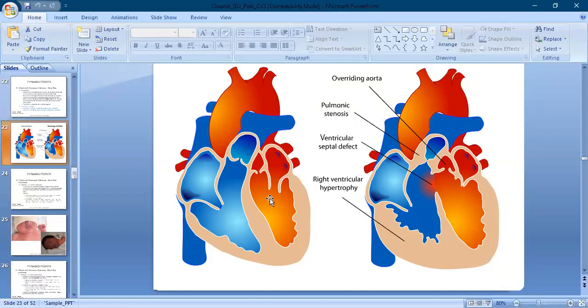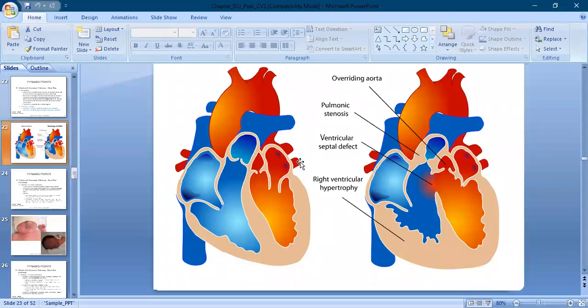You see, blood comes from the lungs to the left atria, from the left atria it should go to the left ventricle, and from the left ventricle it should go to the arch of aorta.